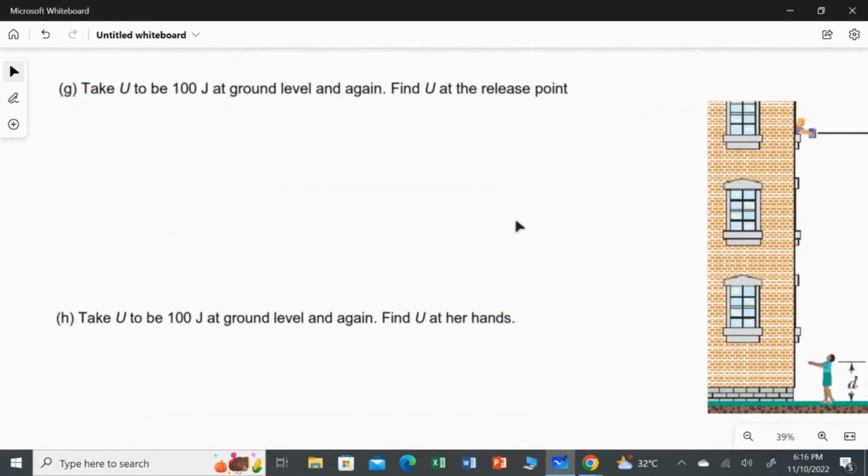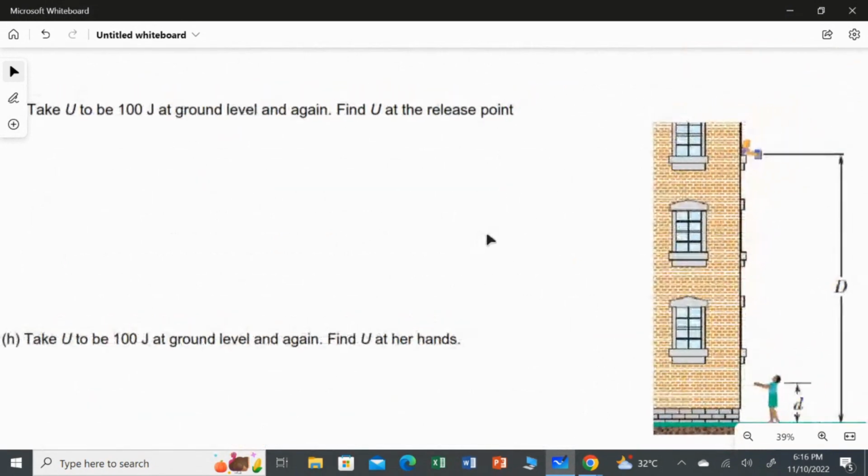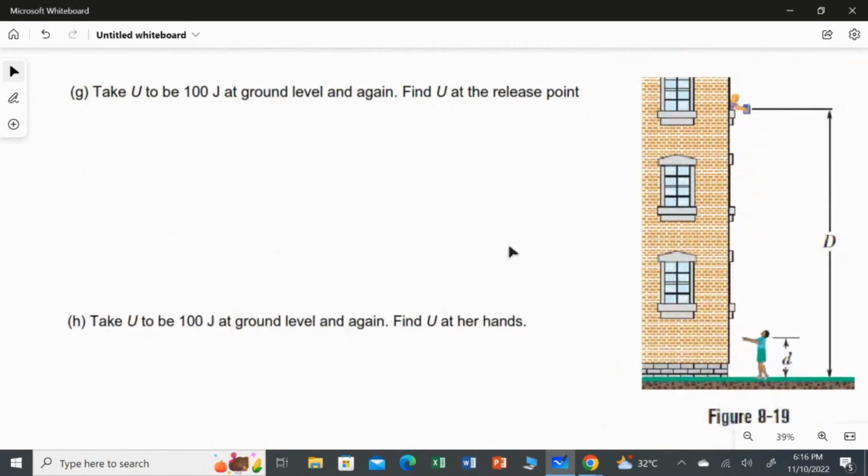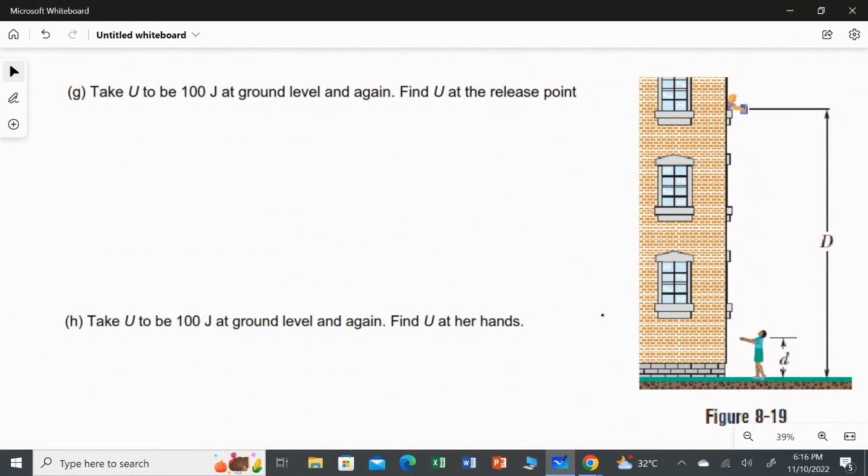Okay. In this question, we are going to take again the ground level potential energy as 100 joules, but you have to read the question very carefully. In this question, we are going to find the value of the potential energy.